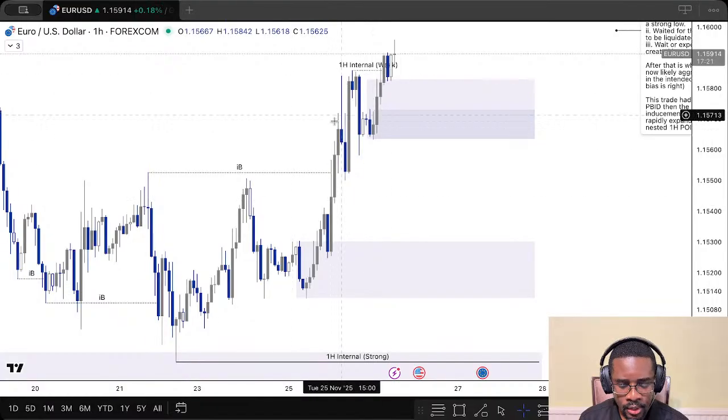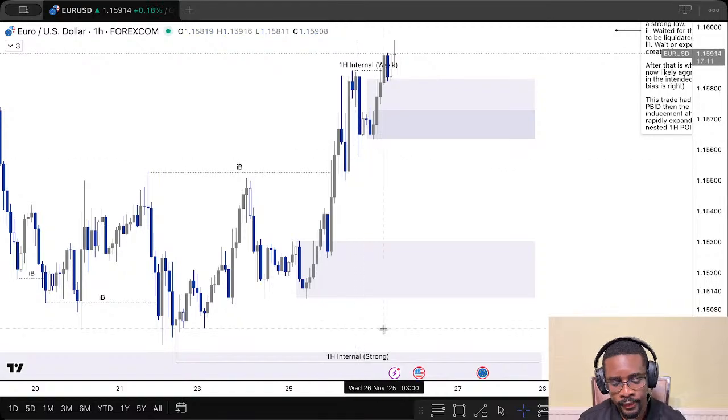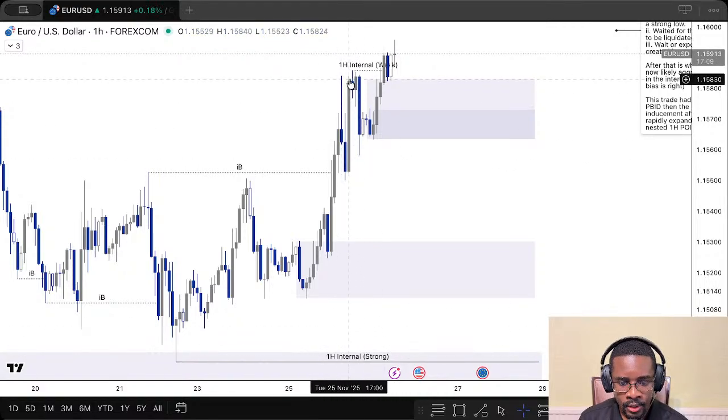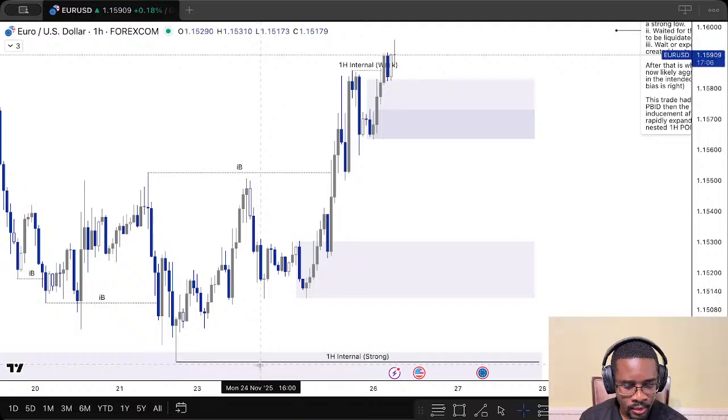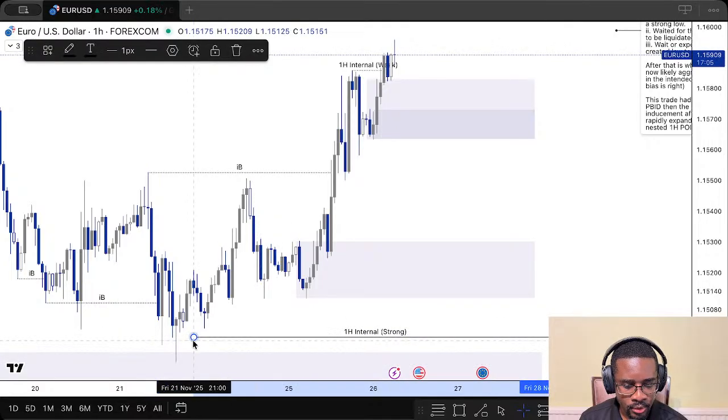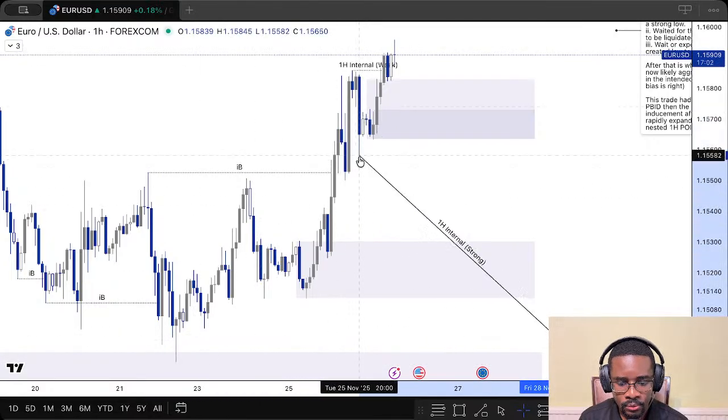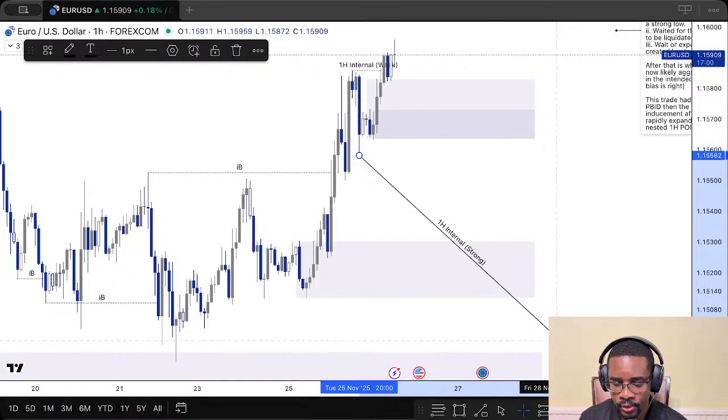Now, you could argue whether this pullback was a pullback, or we can just consider this as one extension leg, and then this is now the pullback. So I will say this is one leg, and then I will put my strong low over there.